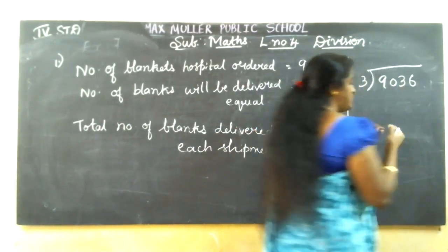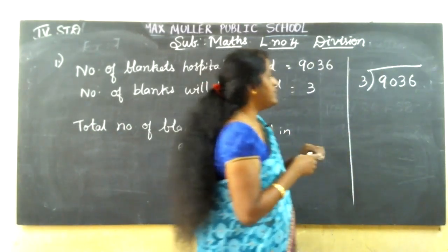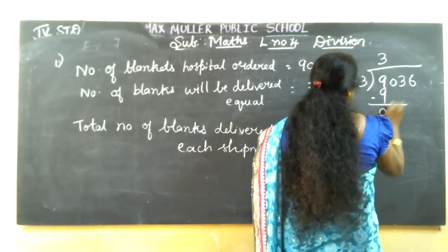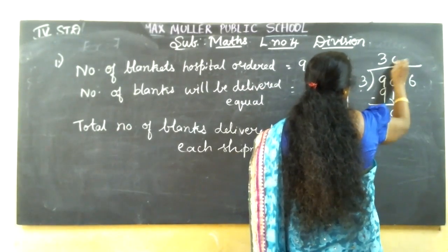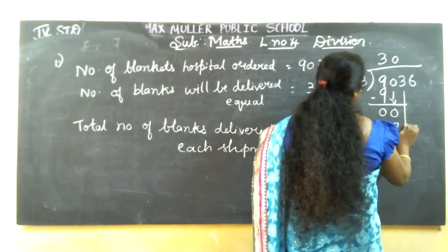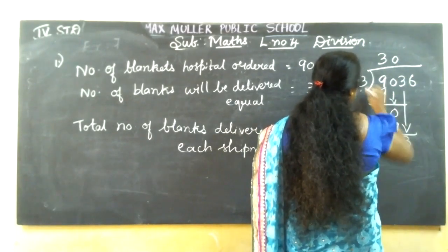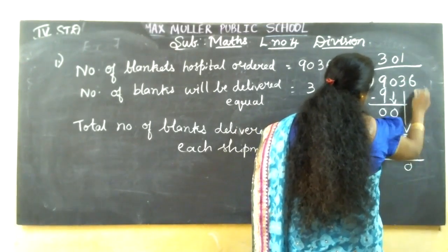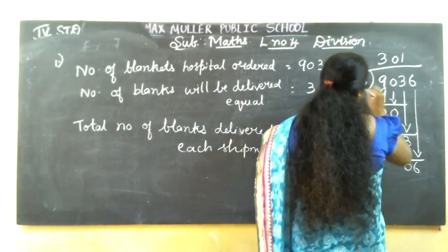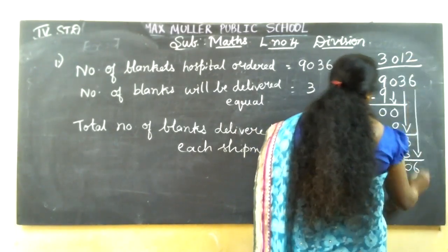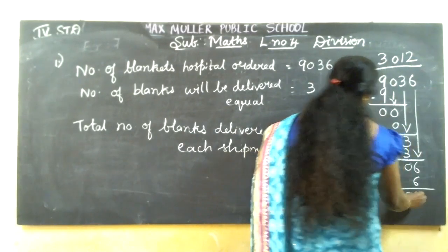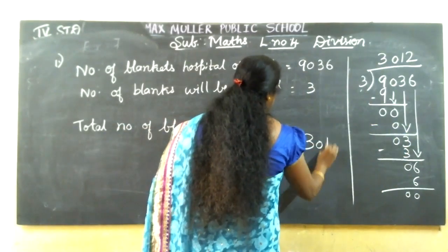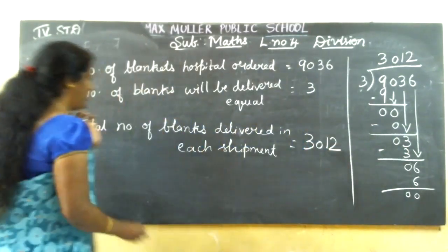You know 3 ones are 3, it's very easy. 3 threes are 9. Minus, 0, bring down 0. 3 zeros are 0. Bring down 3. 3 ones are 3. 0, bring down 6. 3 twos are 6. So here how much did they get? 3012.